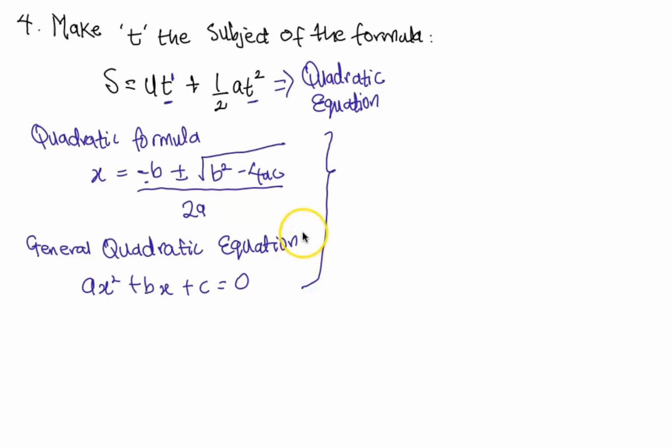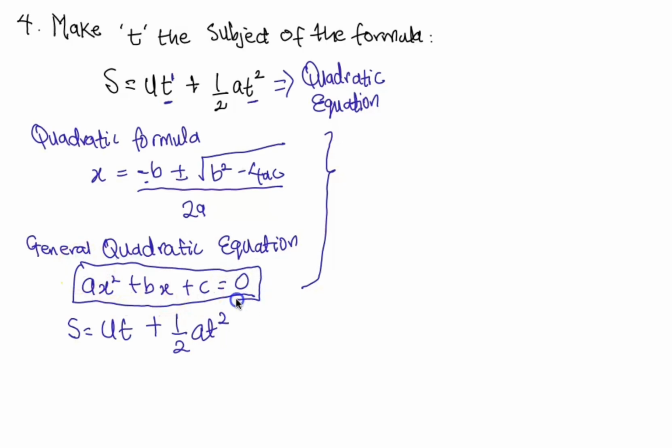Whenever you encounter a question that has a square on one side and then power 1, just simply know that that's a quadratic equation. So first of all, what we have is S is equal to UT plus half AT squared. So I'm going to rearrange this formula to look like this. The first thing I'll do is take this S to the other side.